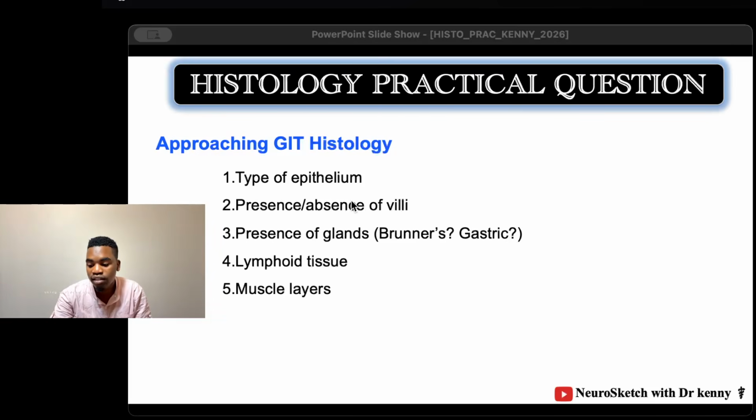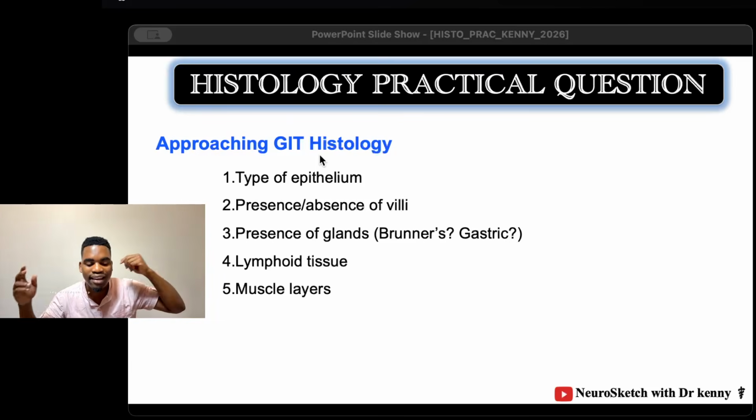And because you already know the epithelium type, you're going to know the location. Non-keratinized stratified squamous epithelium is found in the oral cavity, the esophageal mucosa, or the anal canal.